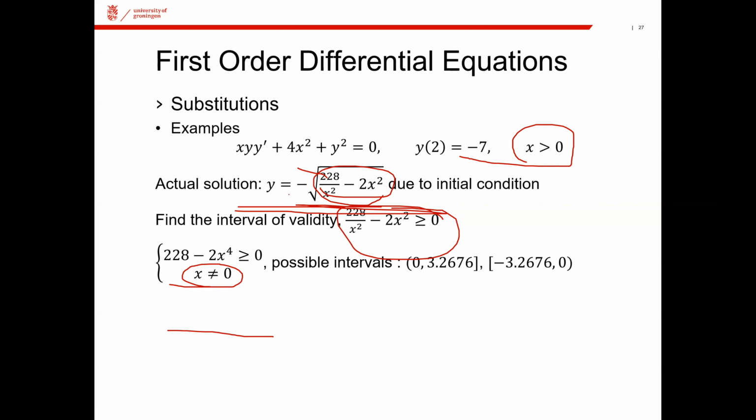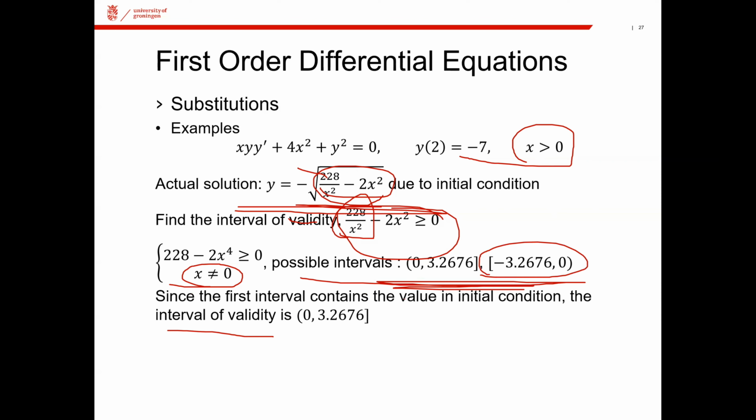And also from this term, since x is the denominator, it cannot be 0. And then we will have the possible intervals, these two. But we know that x is positive, so the second interval is impossible. So the interval of validity is the first interval, this one.